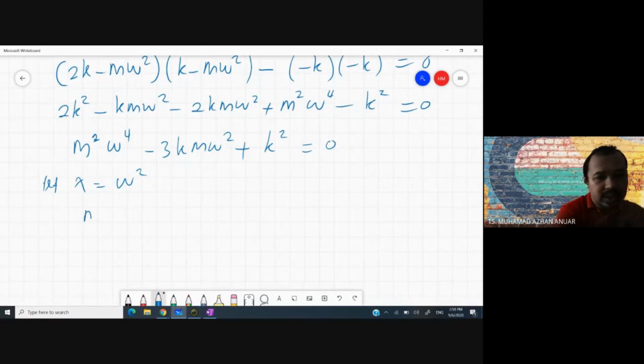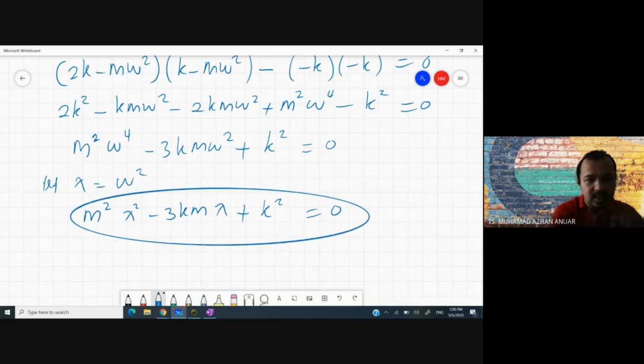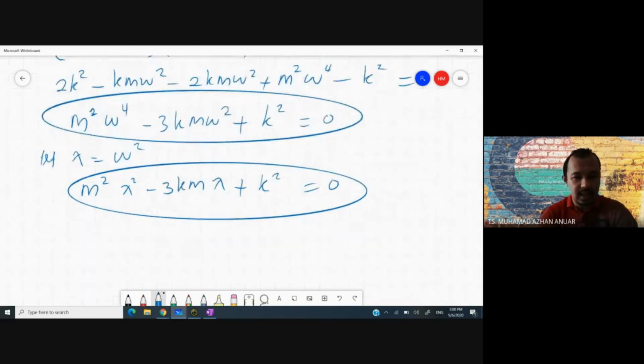So we have the equation here as m square lambda square minus 3k m lambda plus k square, there is no omega, so you maintain k square, is equal to 0. Now this equation we call the characteristic equation. How to solve this one?